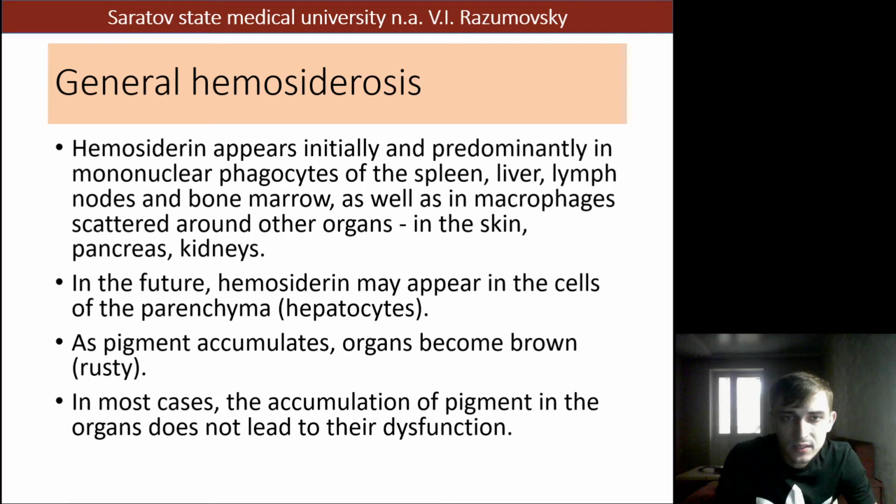In the future, hemosiderin may appear in the cells of the parenchyma, hepatocytes, for example. As pigment accumulates, all organs become brown or rusty in color. In most cases, the accumulation of pigment in the organs doesn't lead to dysfunction.